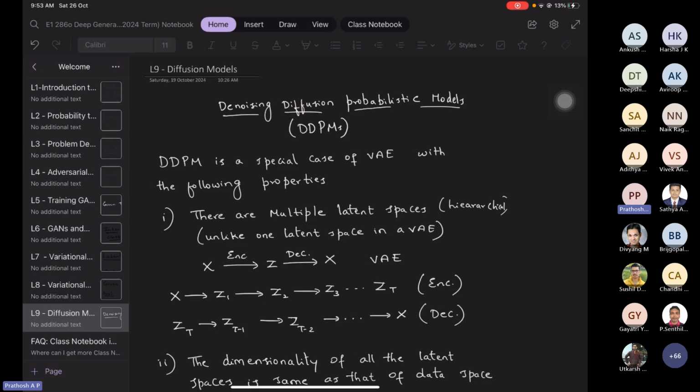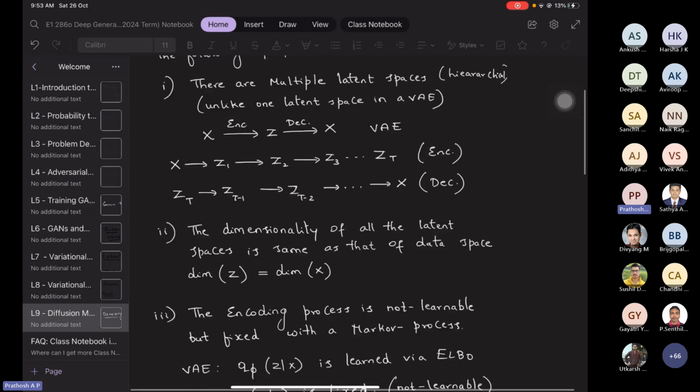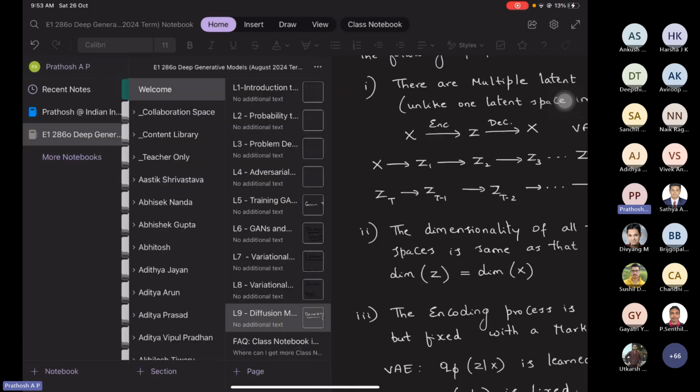So you start from the data and keep projecting onto the latent space till it becomes a Gaussian distribution. And from the latent space, you get back to the data space by traversing the path in the reverse direction. So the dimensionality of all the latent spaces is the same as that of the data space, something that we saw, right?